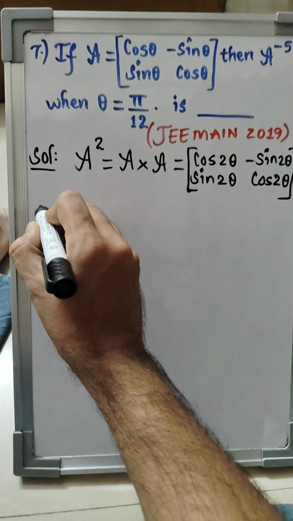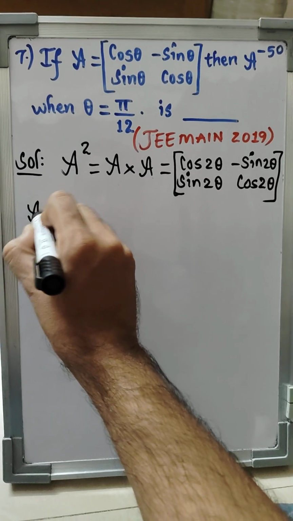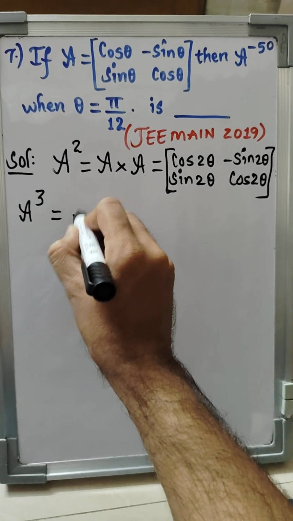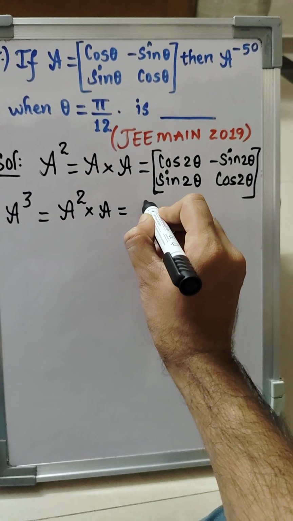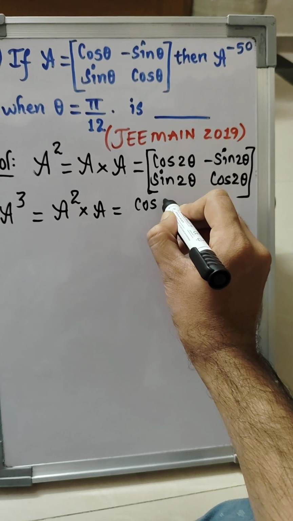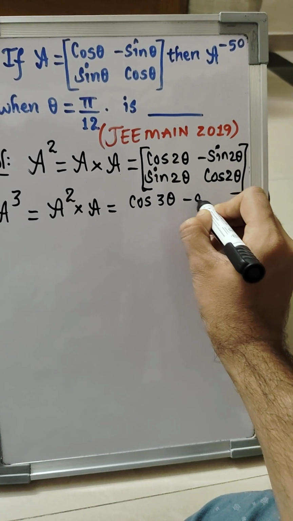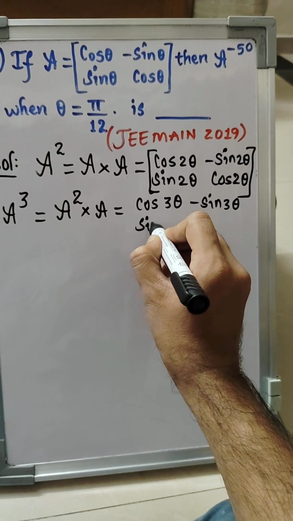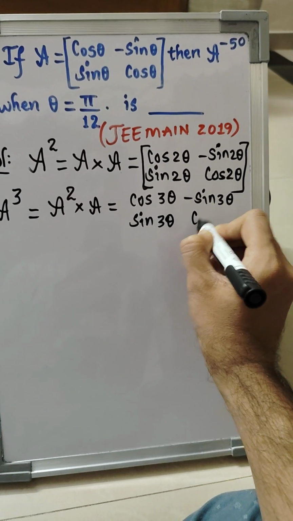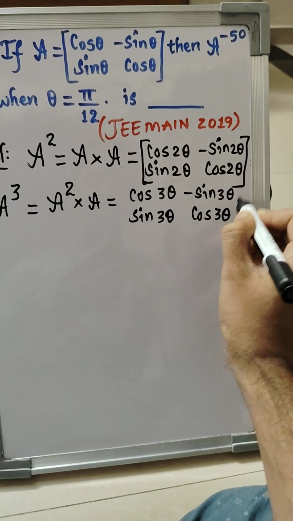That's why we have found A square. Next, A cube, which can be written as A square into A, whose value we can get as cos 3 theta, minus sin 3 theta, sin 3 theta, cos 3 theta.